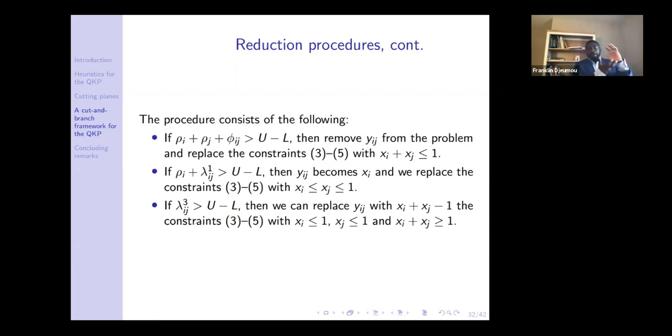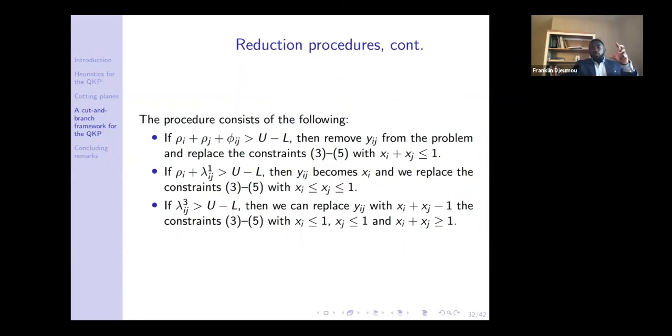That is reflected in the reduced cost of all these three variables. So the sum of the reduced costs of these variables represents by how much your upper bound will improve. Improving means it will decrease, because we are maximizing our problem here. Now, if this improvement takes you below the lower bound that you've already obtained, it means you can remove the Yij variable. You can set it to 0. So that's the idea of the results that we have here.